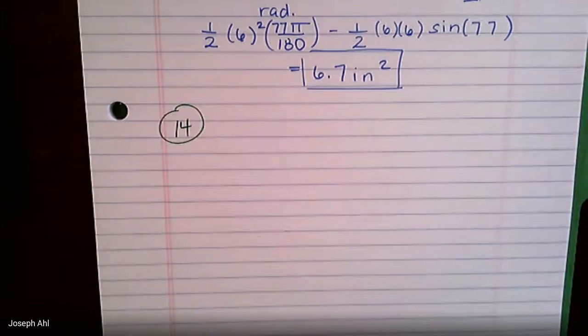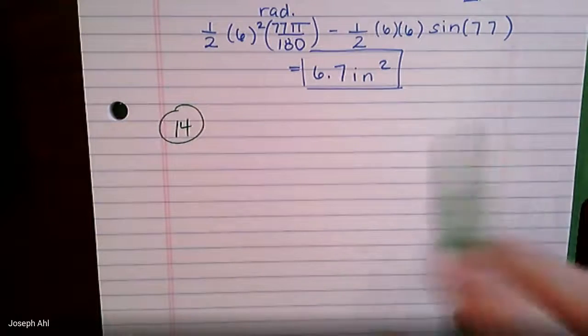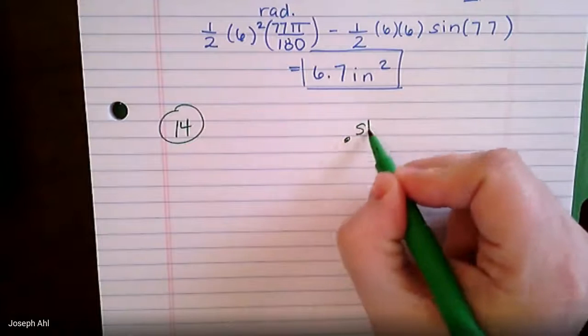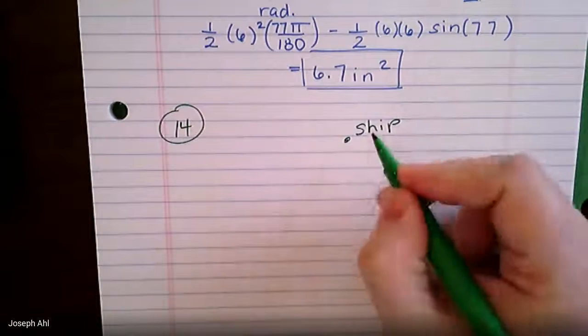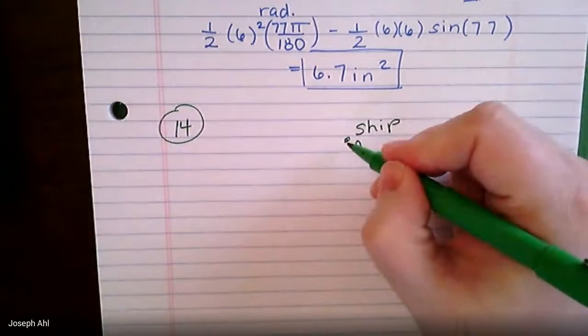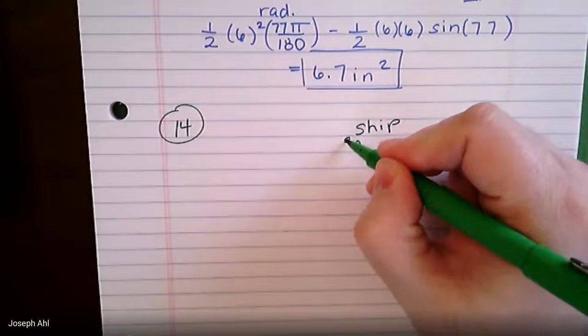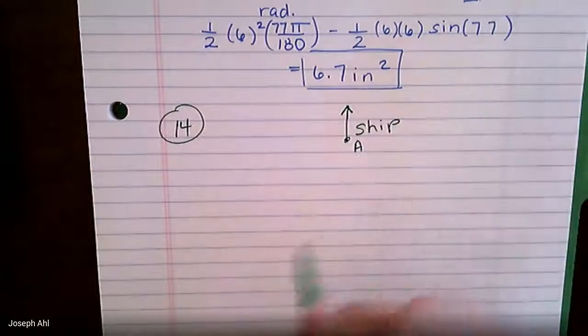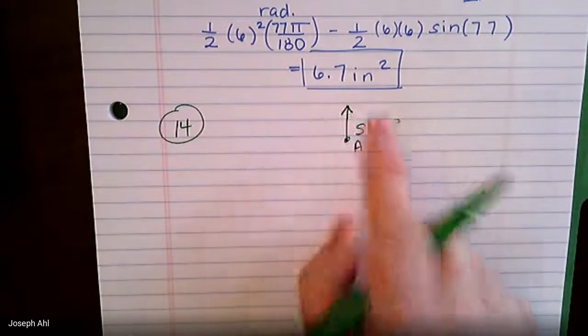Okay, so taking a look at this one, we're going to start initially sailing on a bearing of 189. So let's say the ship starts here. And are we starting at point A? Yeah, so this is point A. All right. 189 degrees, what does that bearing look like? Since there's not two directions given to us, the first thing you're going to do is draw that line directly north.